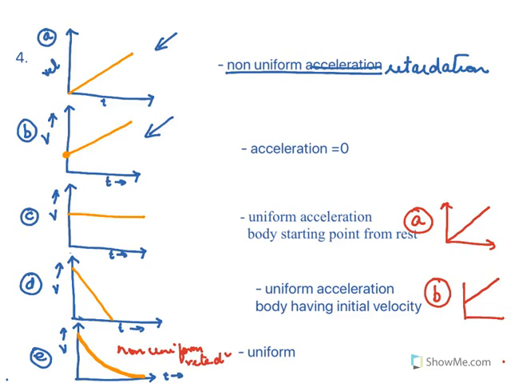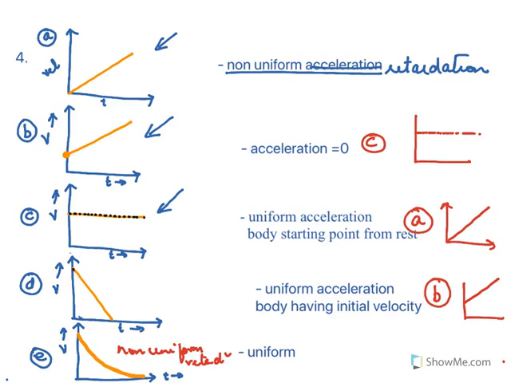For C, if you notice, this is constant. The velocity is constant. There is no acceleration. So this would be C, no acceleration. The velocity is absolutely constant. D would be uniform retardation.